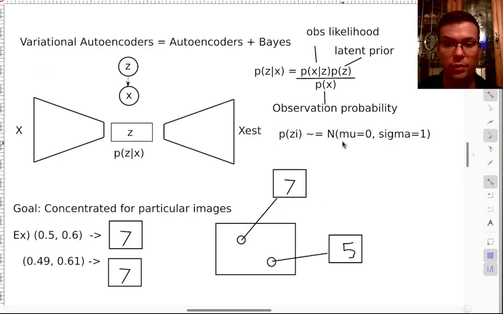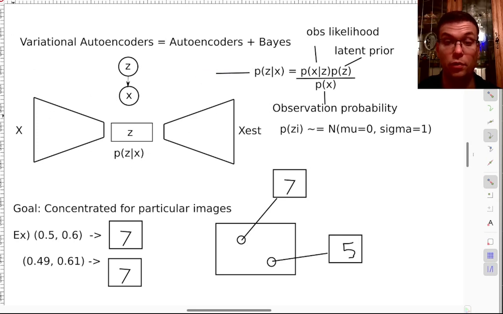The other thing I want to do is make the form of the posterior, the estimate that I'm actually looking for here. This is what the encoder would do. The encoder is actually going to encode a probability distribution through this posterior likelihood. That's what it's called.